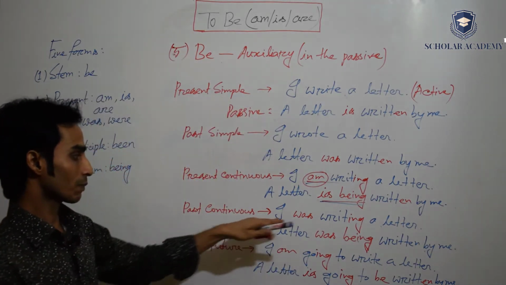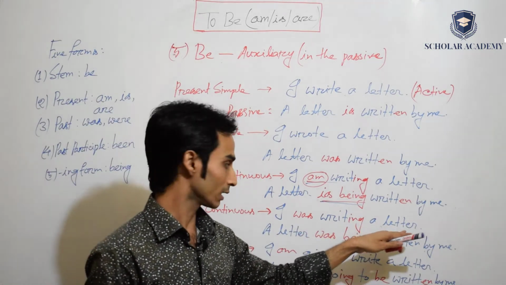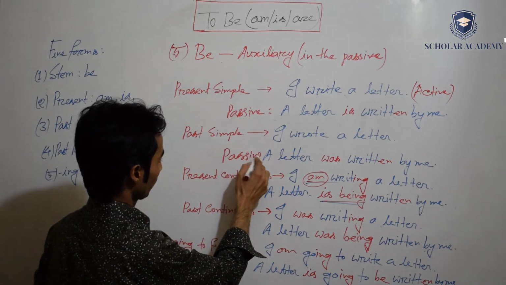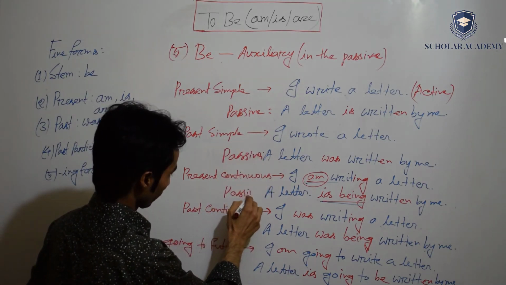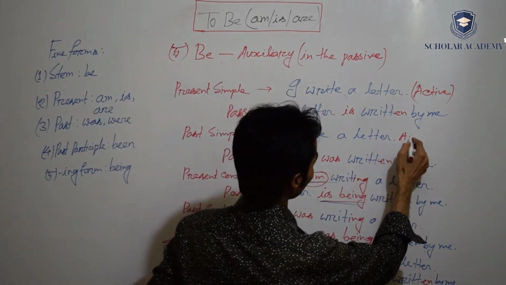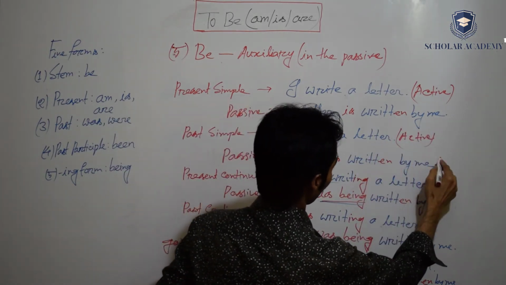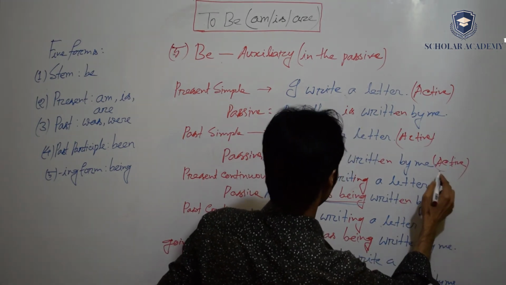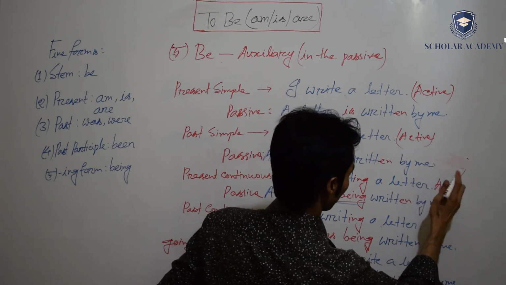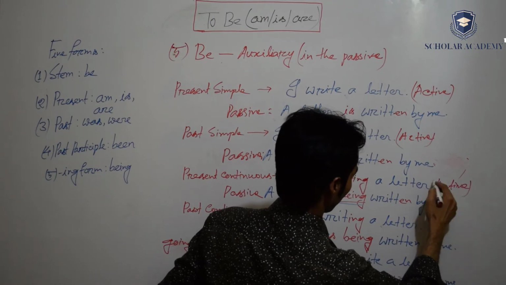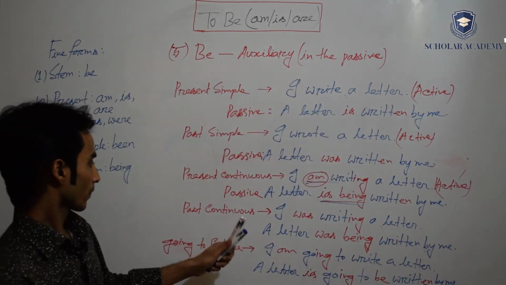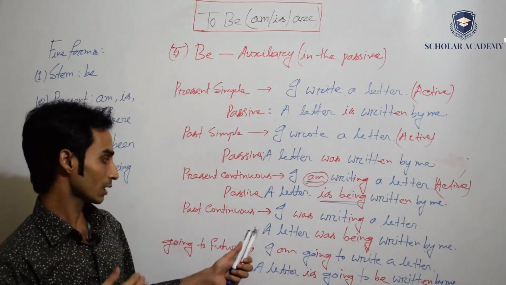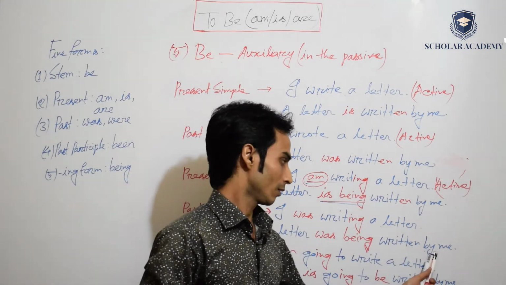So if the sentence is past continuous tense, that means I was writing a letter, then the passive sentence will be a letter was being written by me.